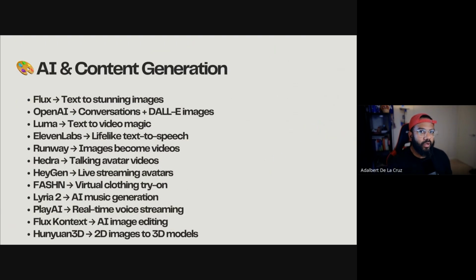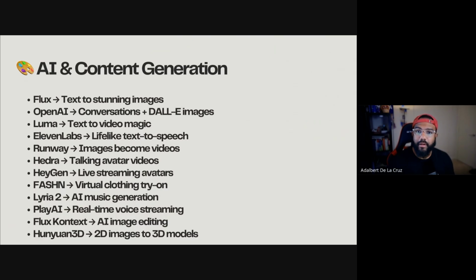Imagine paying for all of this separately. It's going to be a lot of money. So Ohara provides you a suite of APIs in the Pro account, so you can create magical apps, magical mini apps. You could use Flux to create stunning images from text, and OpenAI for conversations and images as well.